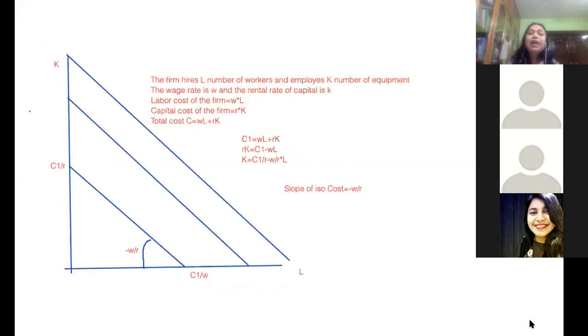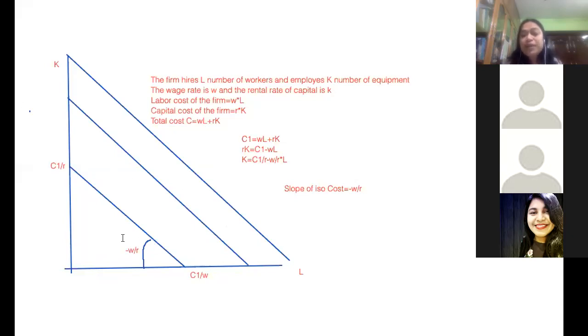Iso-cost curves reflect the same level of cost. You can employ various combinations of labor and capital, but along one iso-cost curve, the cost remains the same. If you move to a higher iso-cost curve, that means you are using more labor and capital, and as a result your cost is higher. The slope of the iso-cost curve is the factor price ratio coming from the market.